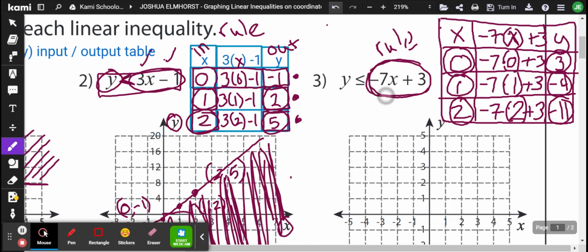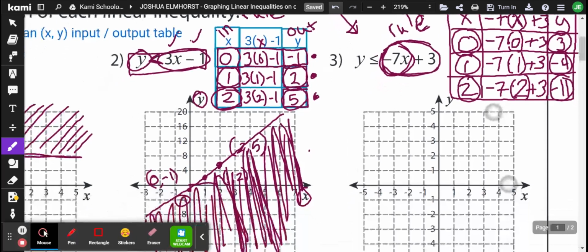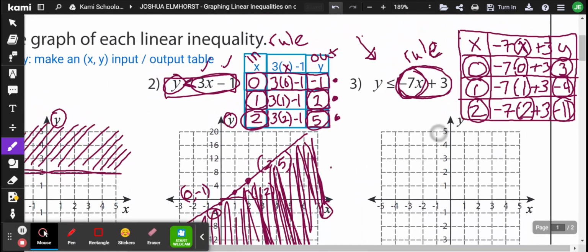So this variable is negative. So we're going to notice that the line or the rule for the line, the equation, is going to be going down. So starting at our first point, 0, 3. And then our next point is going to be 1, negative 4.